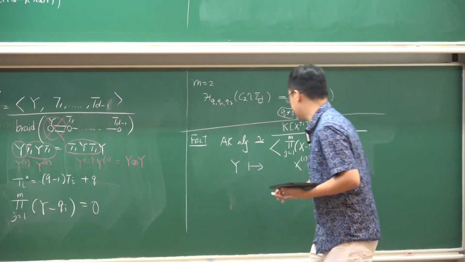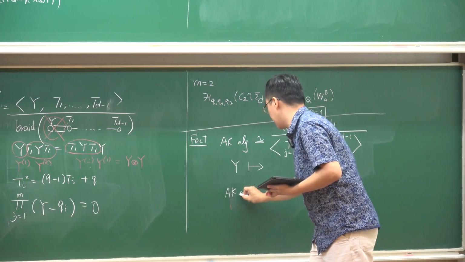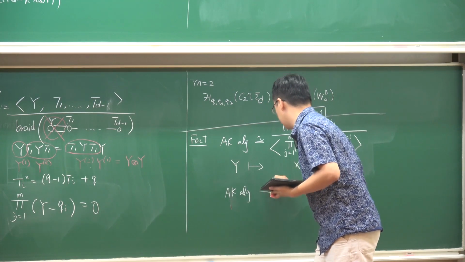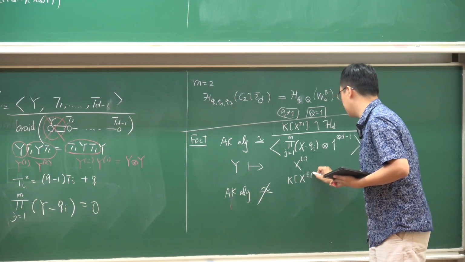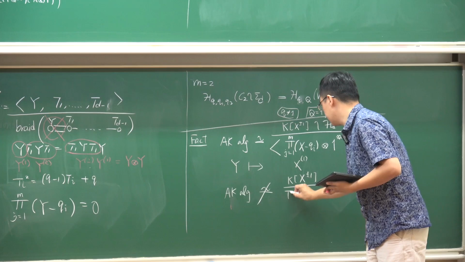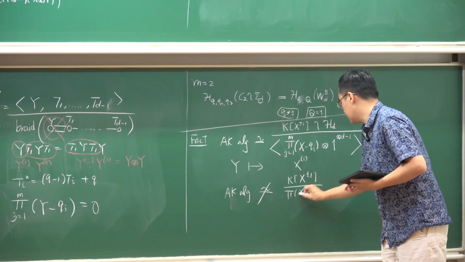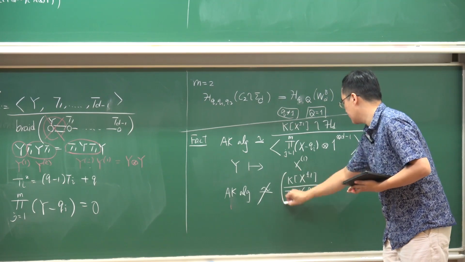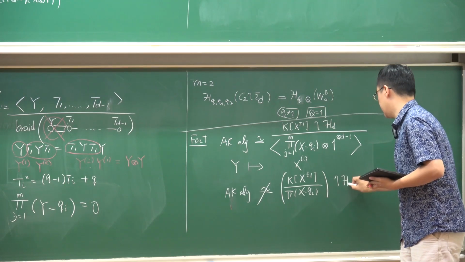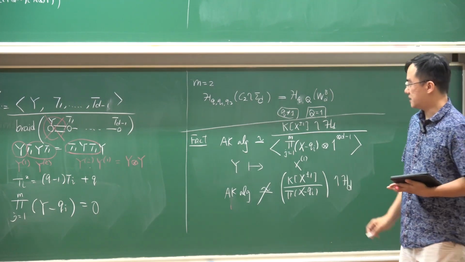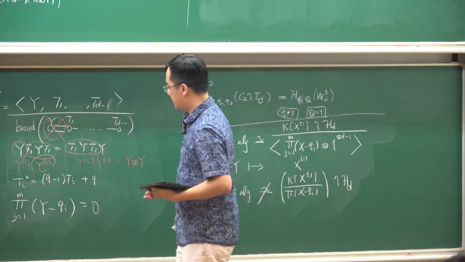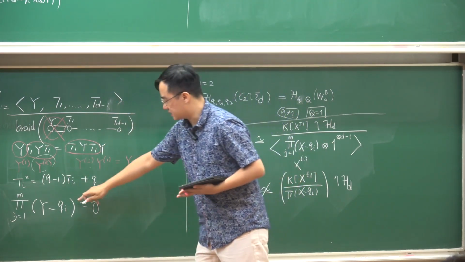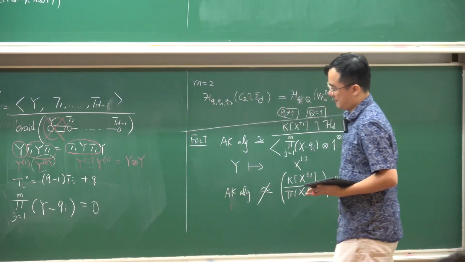And as I said, this Ariki-Koike algebra is not isomorphic to just taking this finite dimensional algebra subject to the cyclotomic relation with HD. This is because if you take, say, y2, it doesn't satisfy this cyclotomic relation.